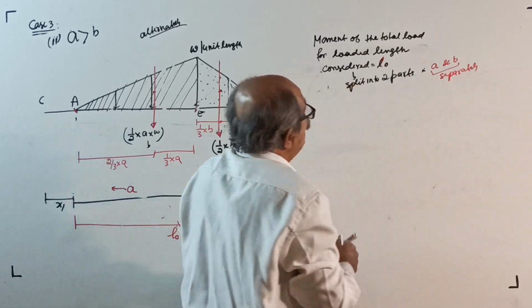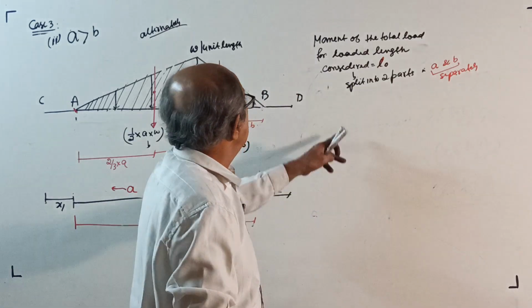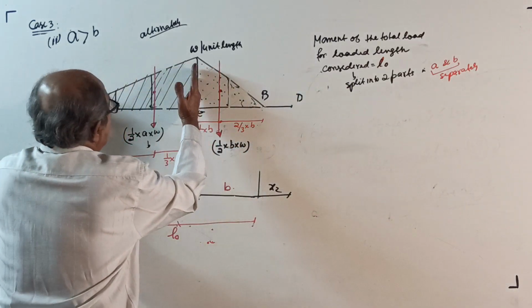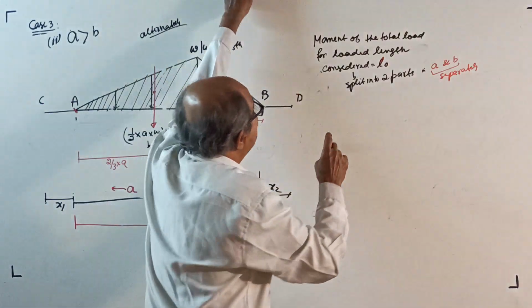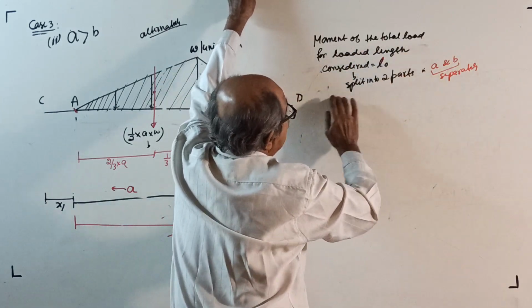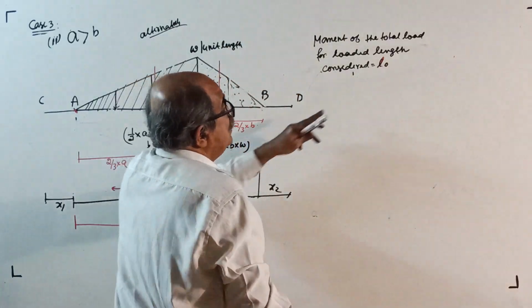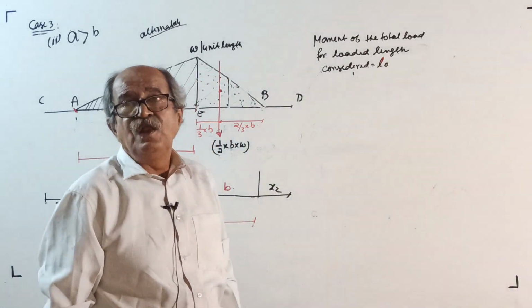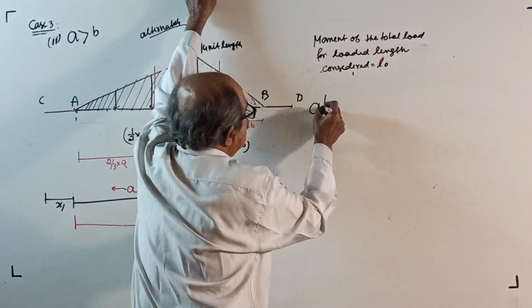When you want to find the moment, I forgot to tell last time. You split up, this side separate, that side separate. Once you write all the statements, then write the moment of the total length considered of L naught. Total considered is L naught only, but consider part by part.